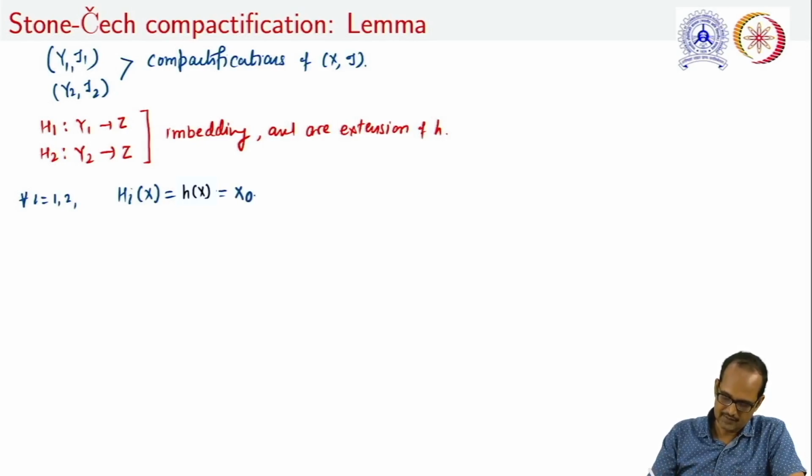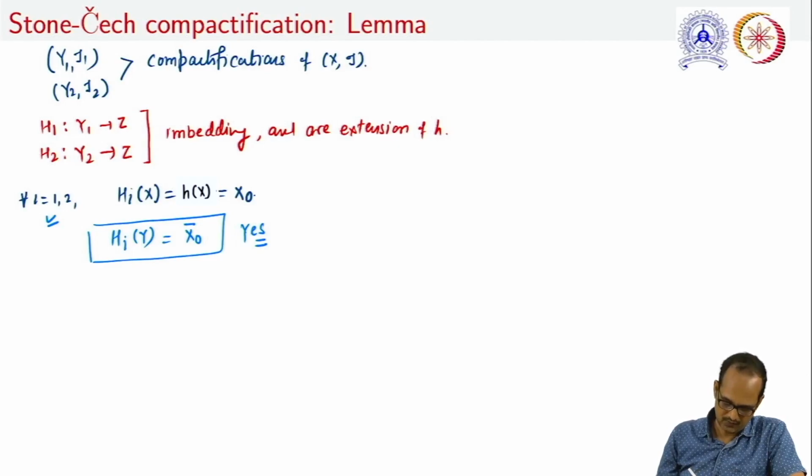The question is, can it be justified from here that for i equal to 1 and 2, the image of Y under Hi is precisely x naught bar? The answer is yes, and we can justify it. This follows from the fact that Hi is continuous.